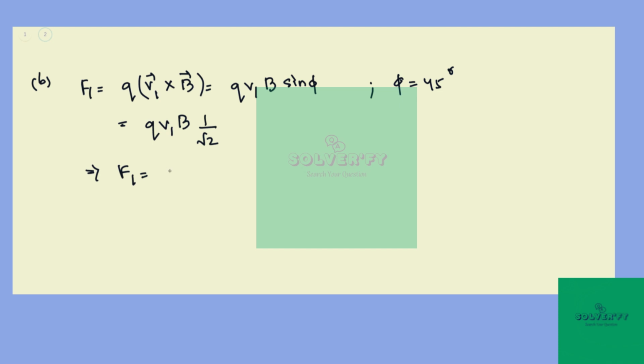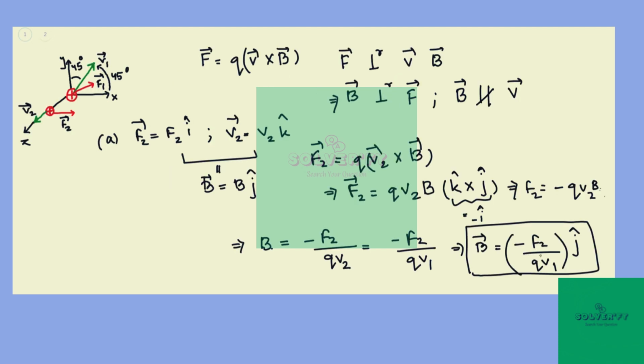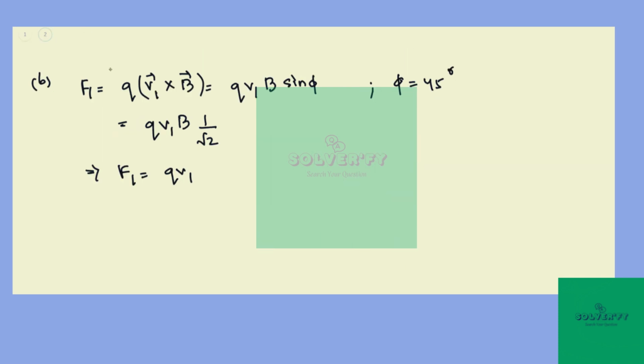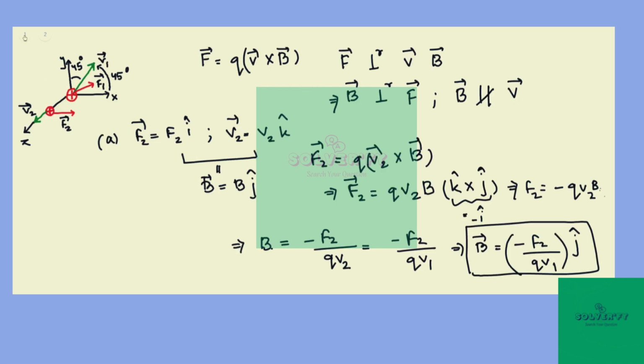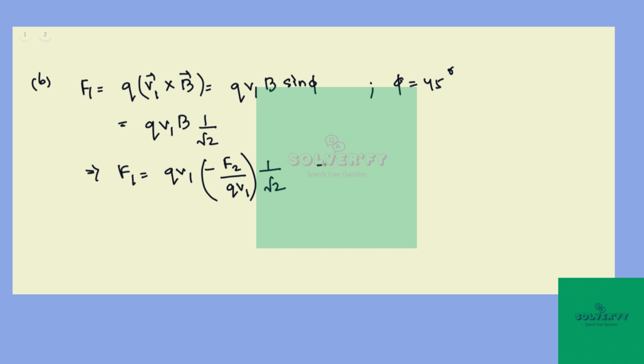So this is negative F2 over Q times V1, times Q times V1, times 1 over root 2. This gives the value F2 over root 2.